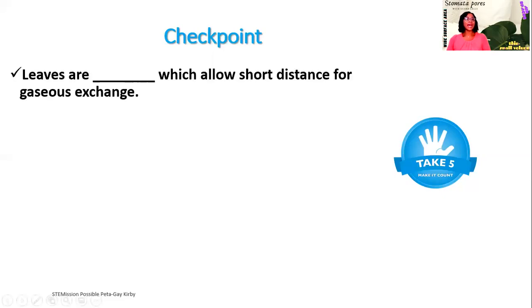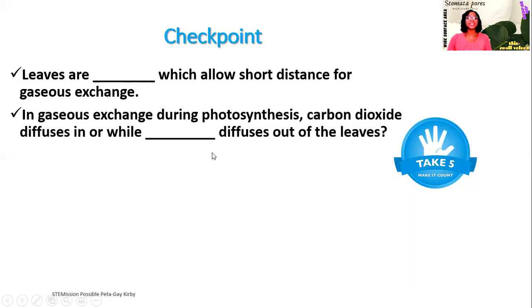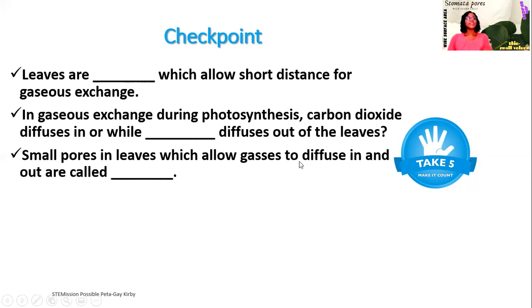Leaves are dash, which allow short distances for gaseous exchange. In gaseous exchange, during photosynthesis, carbon dioxide diffuses in, and while so-and-so diffuses out of the leaves. Small pores in leaves which allow gases to diffuse in and out are called dash.